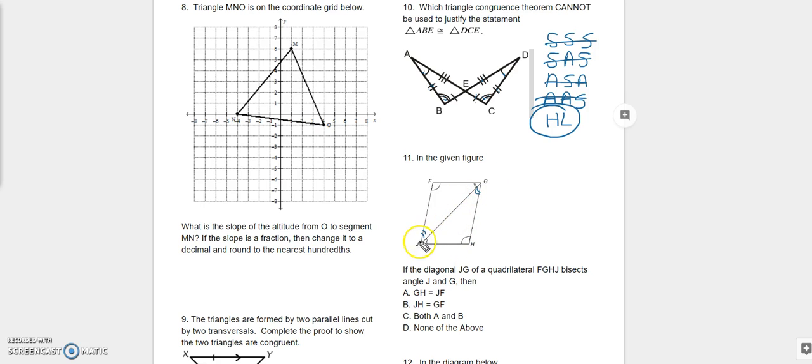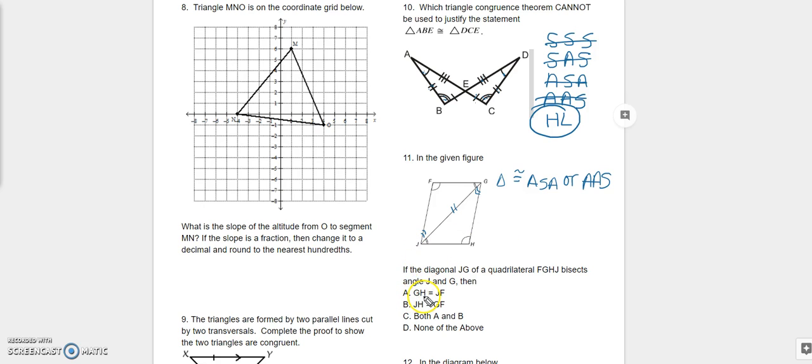And because I have a reflexive side in the middle, I can prove that those triangles are congruent by angle, side, angle. And I could also use angle, angle, side, since they also gave us angle F is congruent to angle H. So with the triangles being congruent, that means all the corresponding parts are congruent.